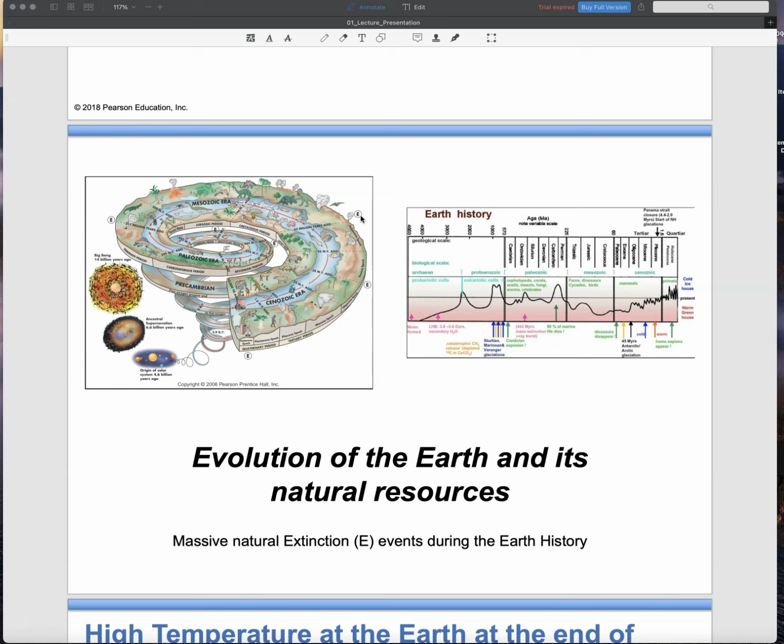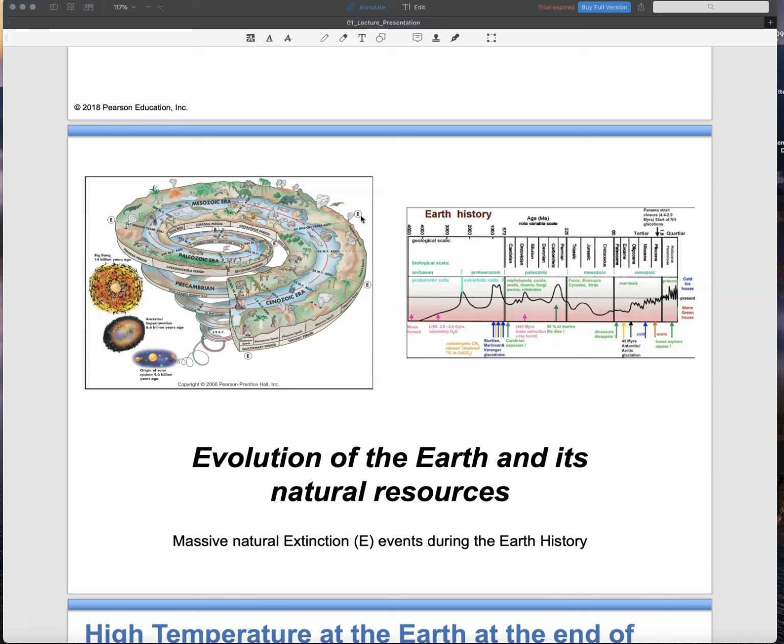And many of the big animals or creatures that we had in those days disappeared because of the high concentration of sulfur in the atmosphere created by this impact.